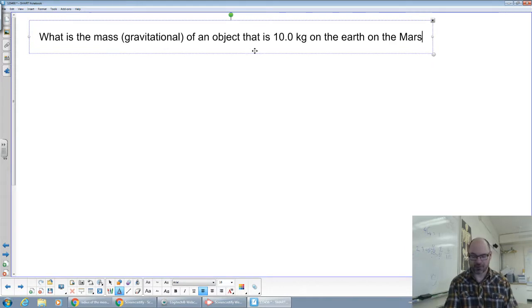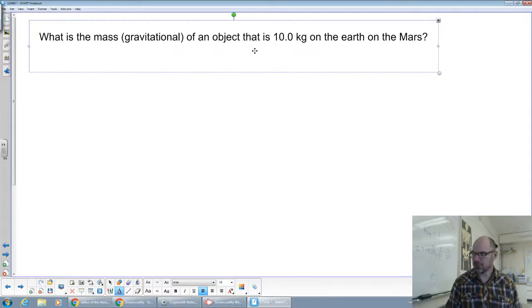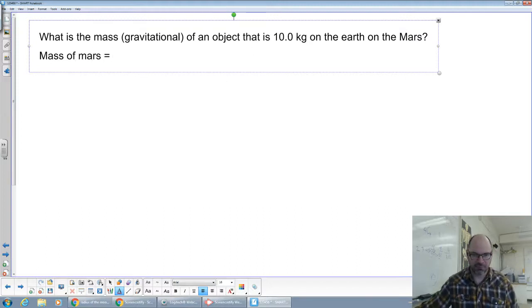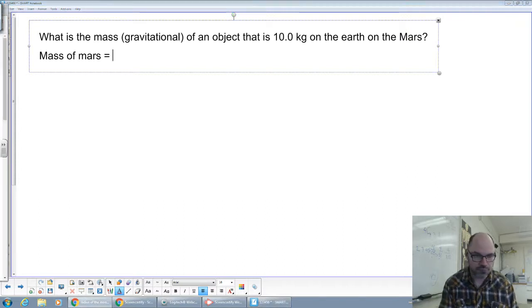We have to kind of calculate. Let's say given the mass of Mars equals, okay, let me look that one up. According to Google, that one is 6 point, oh, that's the same as the Earth almost.